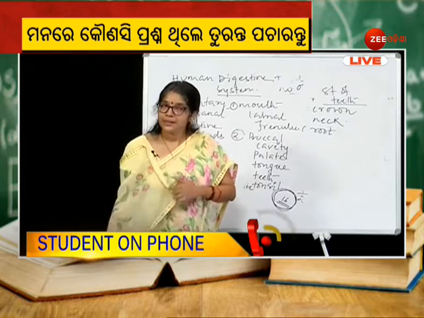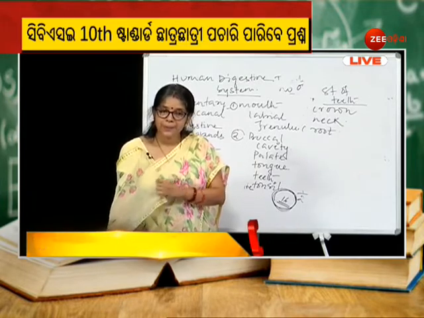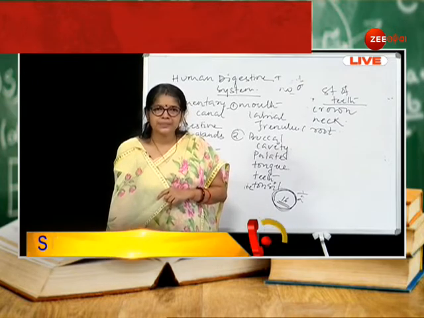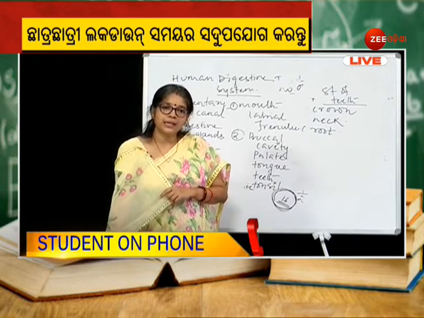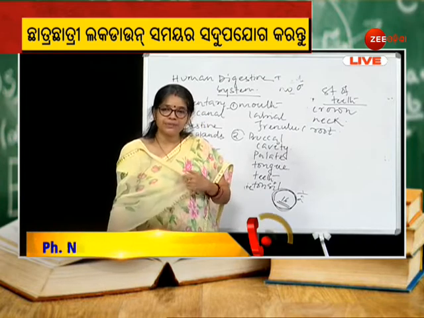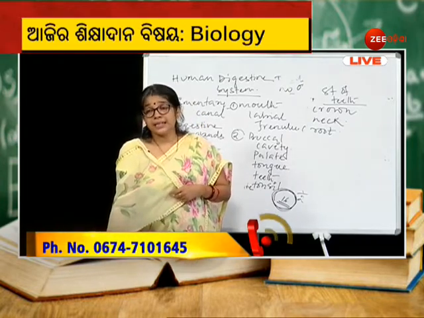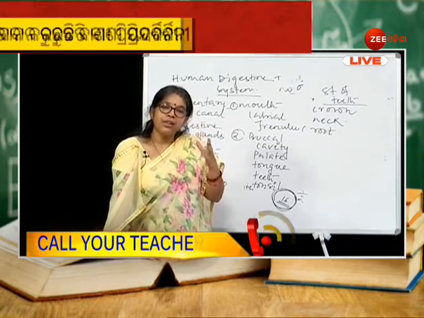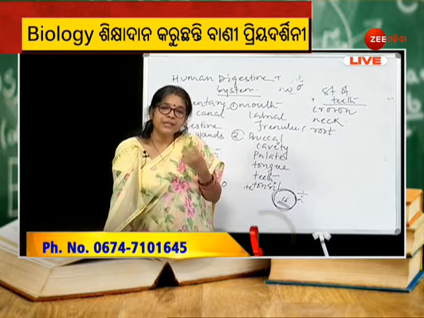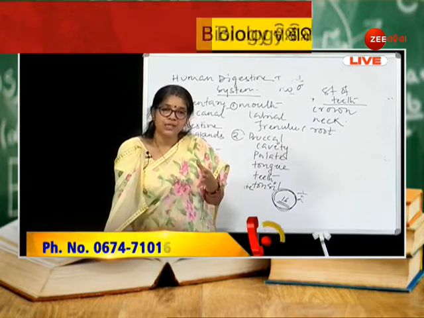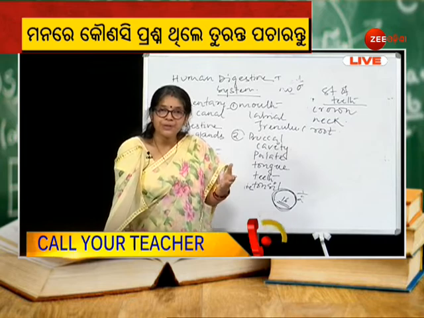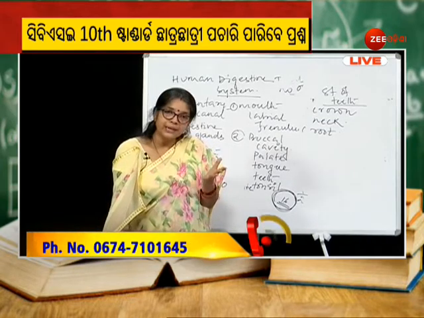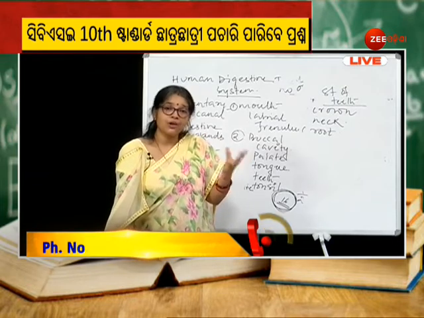Okay. Question is, which is the basic requirement of living organisms for obtaining energy? That is metabolism. Metabolism is the process through which living organisms get energy. What do you mean by metabolism? Metabolism is the sum total of all the chemical processes happening within the body of an individual. Metabolism can further be divided into catabolism and anabolism. In catabolism, large molecules undergo destruction.